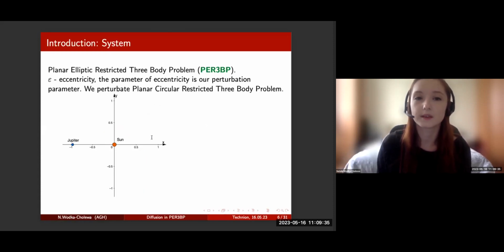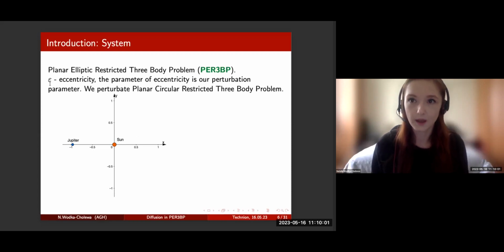Okay, so we can say something about the planar elliptic restricted three-body problem. In this problem everything is the same, but we assume that Sun and Jupiter are moving on Keplerian orbits that are elliptic. So we have eccentricity epsilon, and this parameter will be our perturbation.